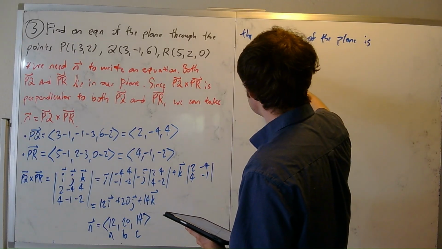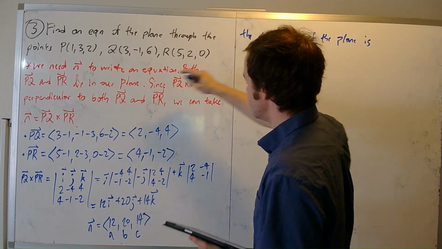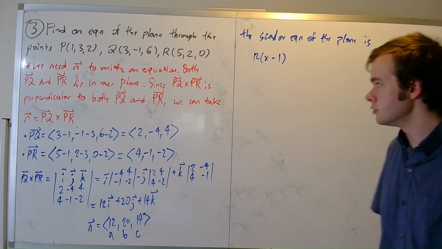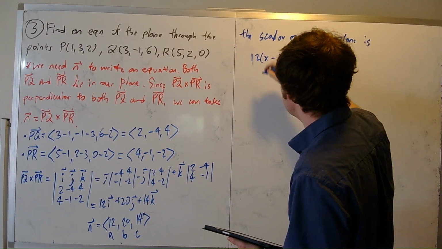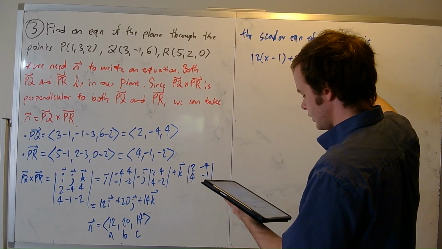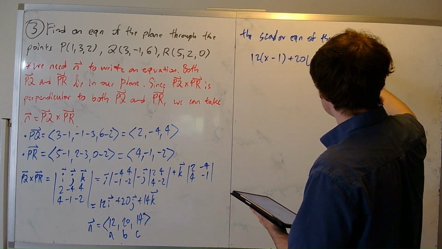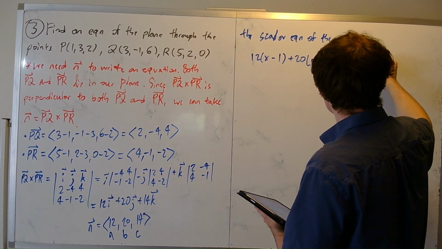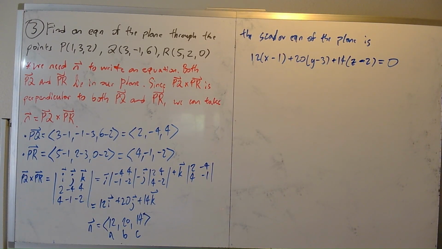It was A, which is 12, times x minus x0, which is 1. Remember, x0, y0, and z0 are the coordinates of P. That's what we chose. So we're going to have 12 times x minus 1 plus 20 times y minus 3 plus 14 times z minus 2 equals 0. So that's our scalar equation of the plane.